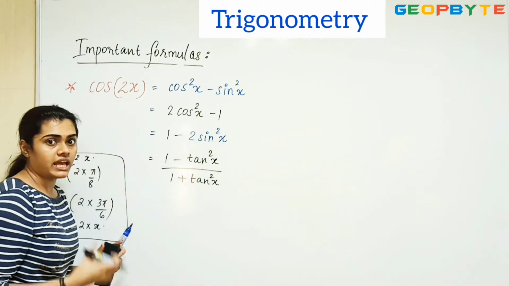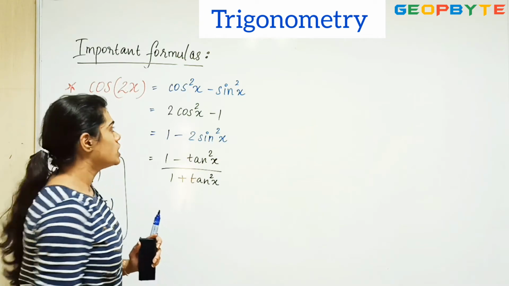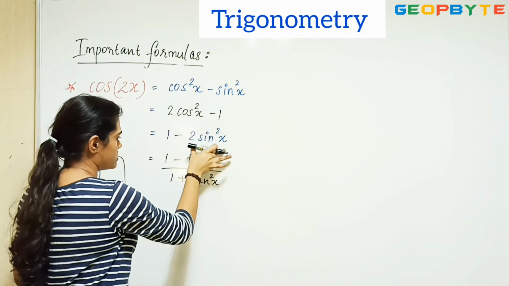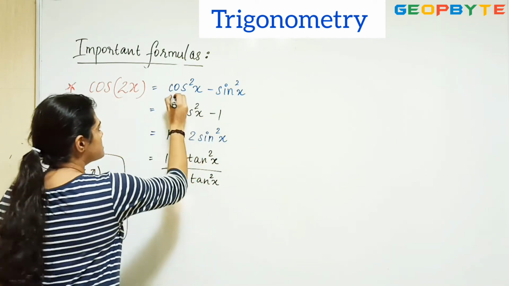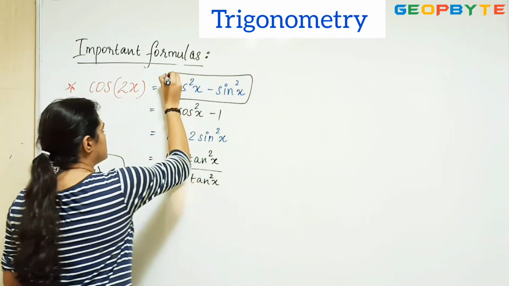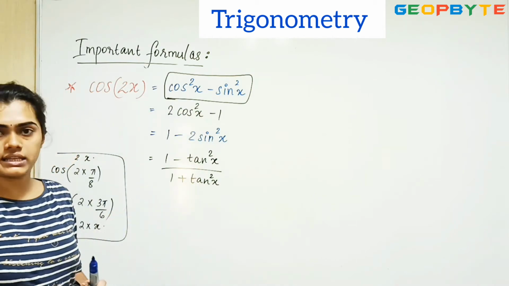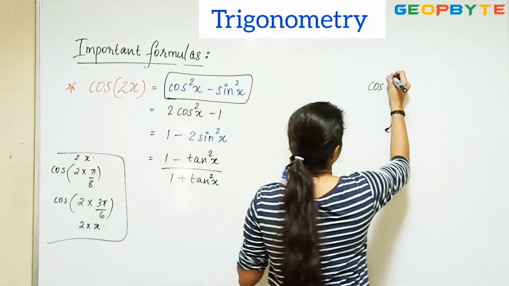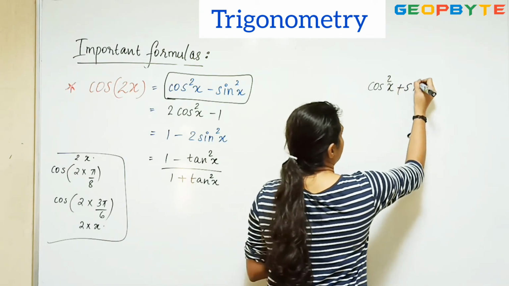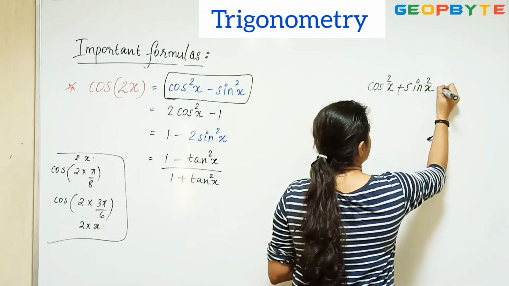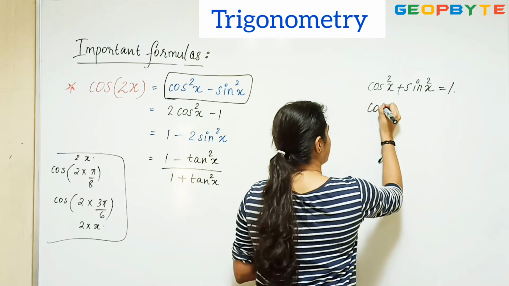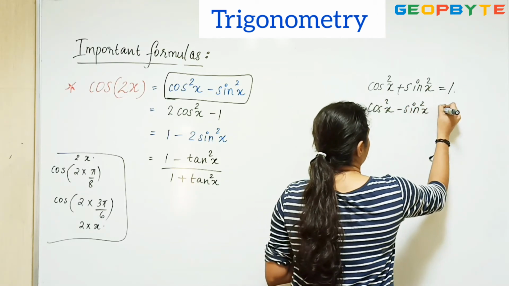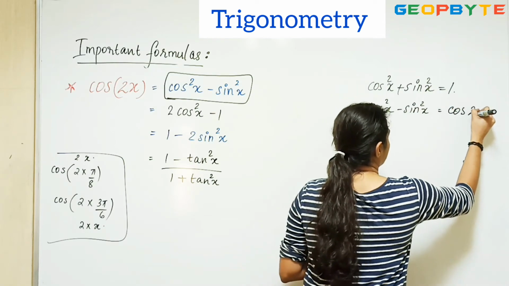According to the final result you need, you have to substitute for cos 2x in this form. So this is the basic form, that is cos square x minus sin square x. We know that cos square x plus sin square x is equal to 1, but cos square x minus sin square x is equal to cos 2x.